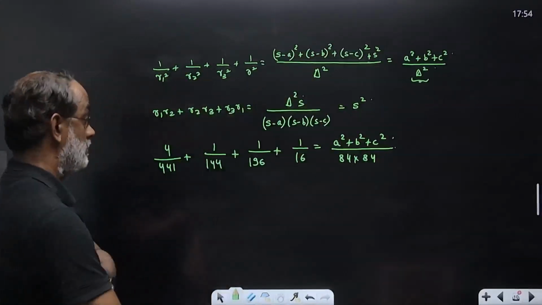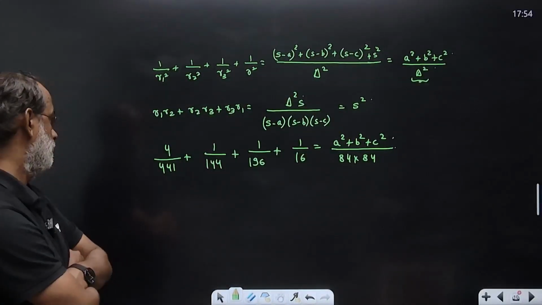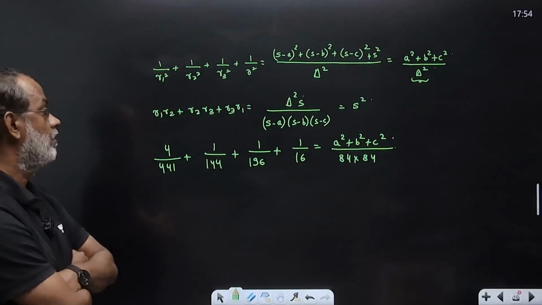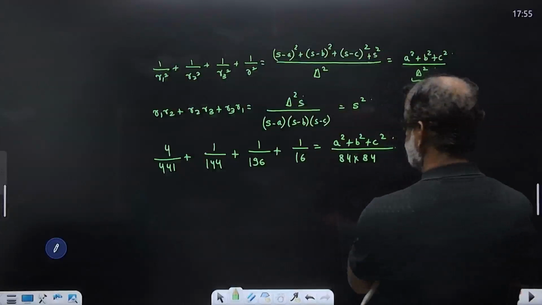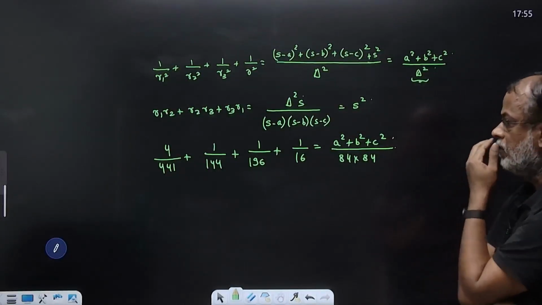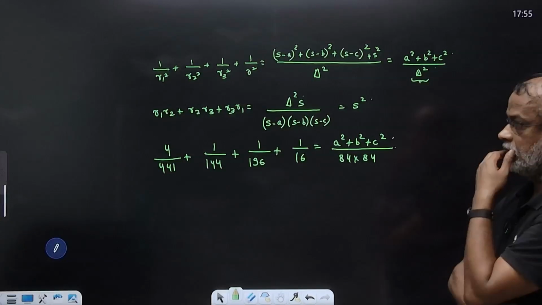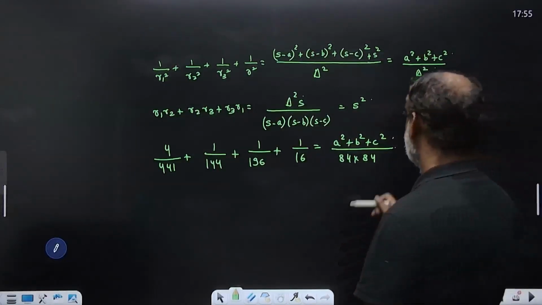Now, this is a very typical calculation if you think of it. So, what other way we can find AB plus BC plus CA? R1, R2, this is S square. Okay, what is S square?